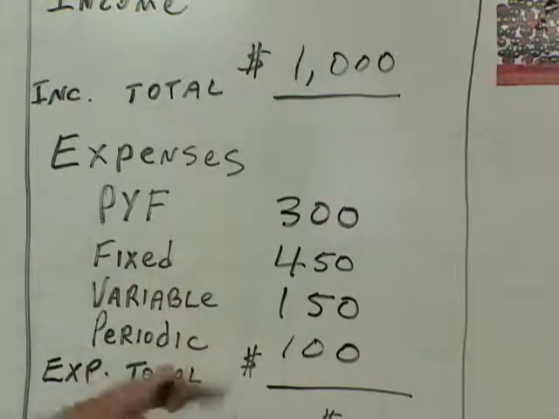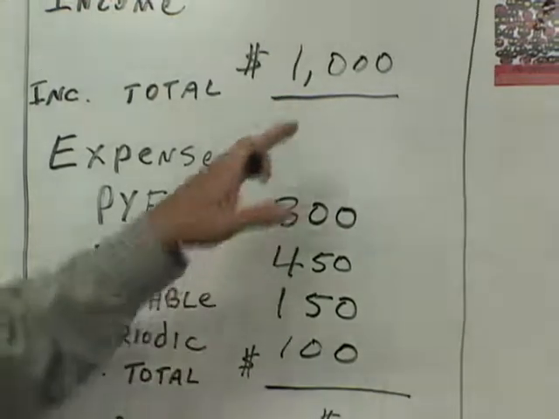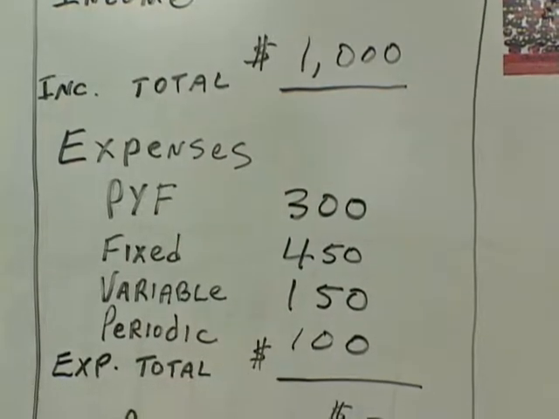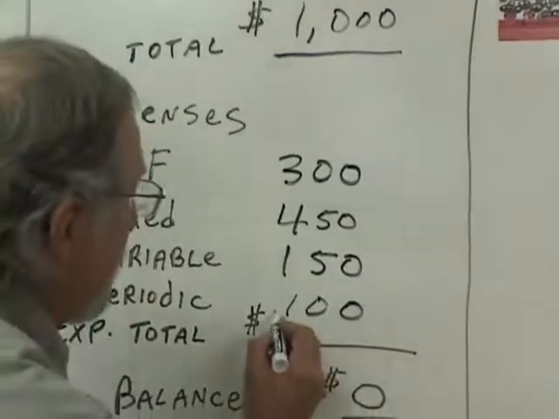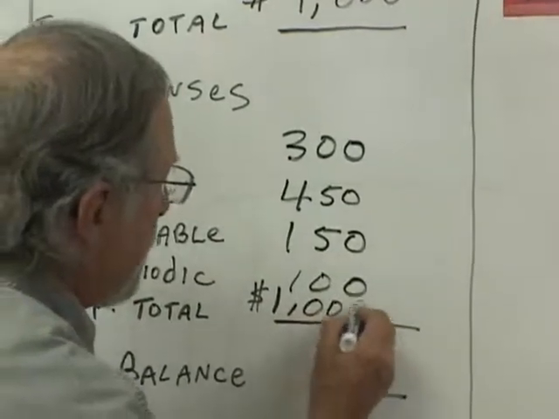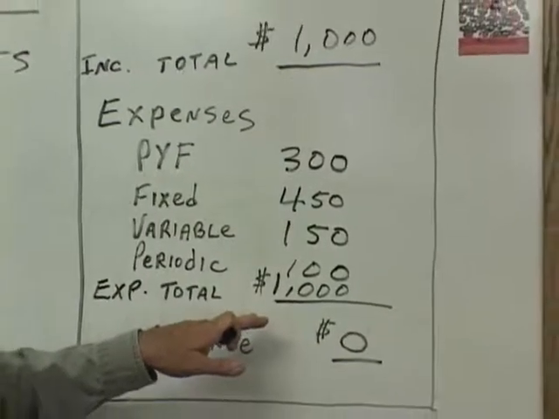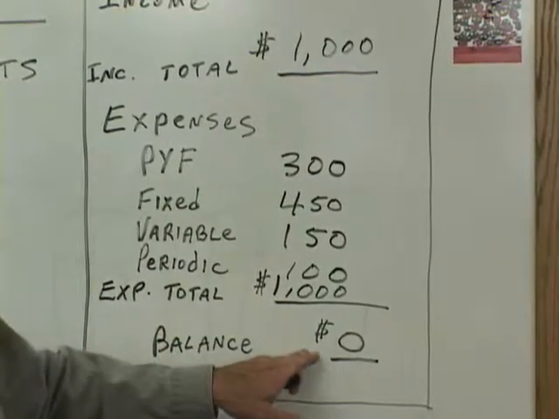Now, with this budget, we have an income of $1,000. We have expenses which add up to $1,000. And when you subtract your expenses from your income, you have a balance of zero.